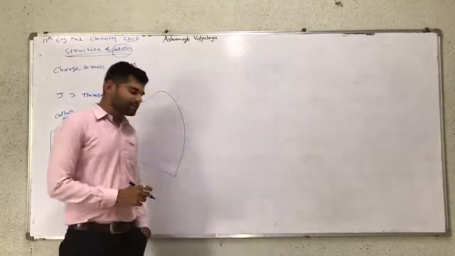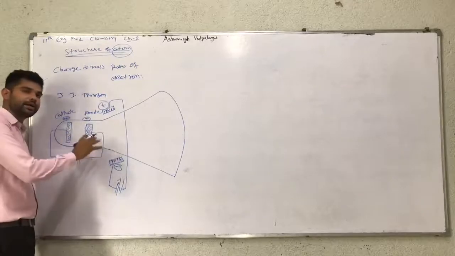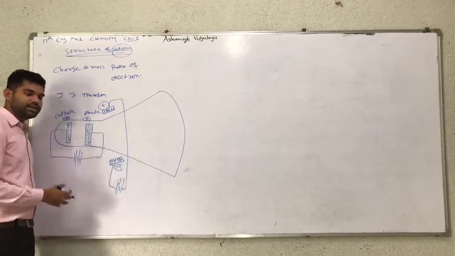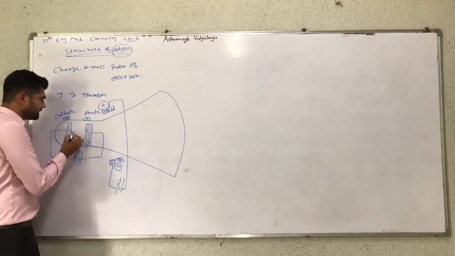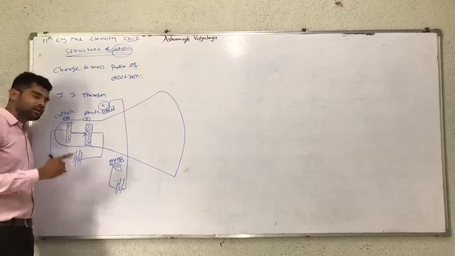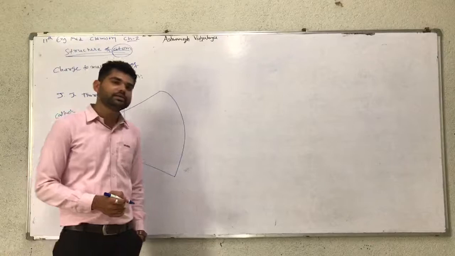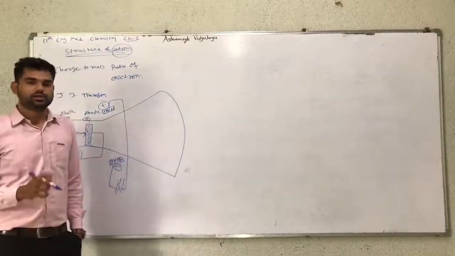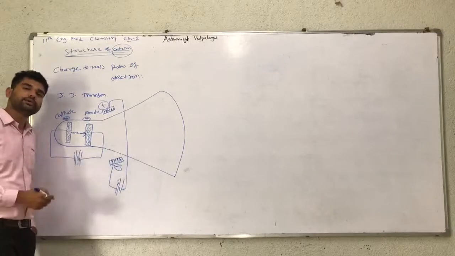Now applying electric current passes, and the experiment starts. The cathode ray travels in a straight line, but here, with the electric field, the path is not straight, it is deviated.